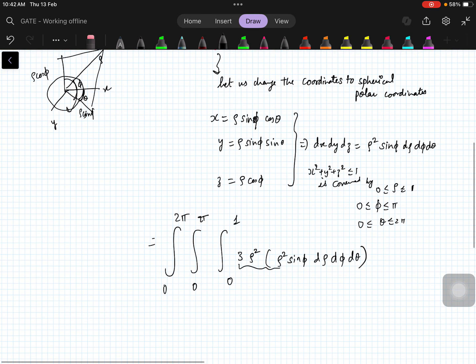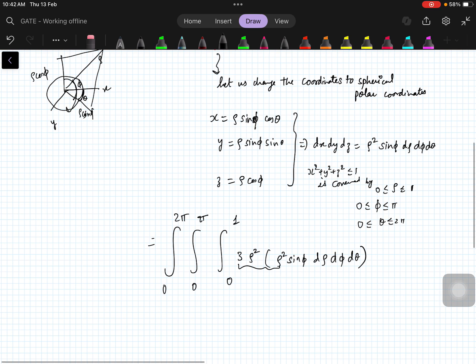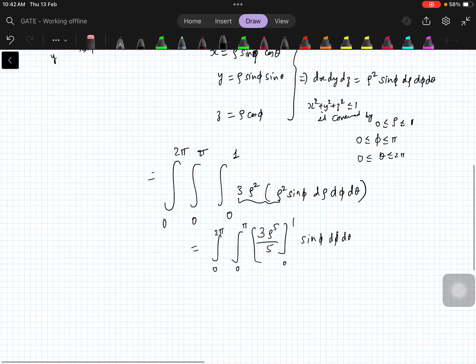First we have to integrate with respect to rho, so we get 3 rho raised to 5 upon 5, from 0 to 1. Then you have sine phi d theta, phi from 0 to pi, theta from 0 to 2 pi, and this is equal to 3 by 5 outside.